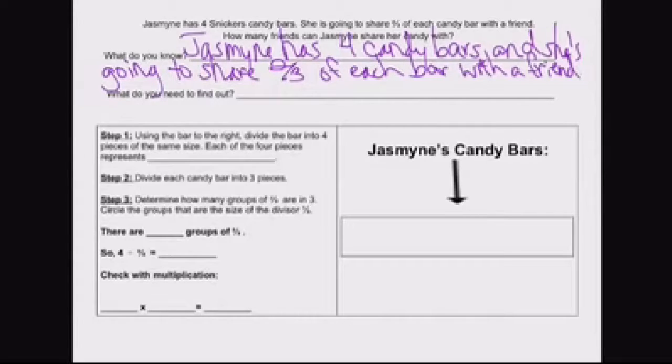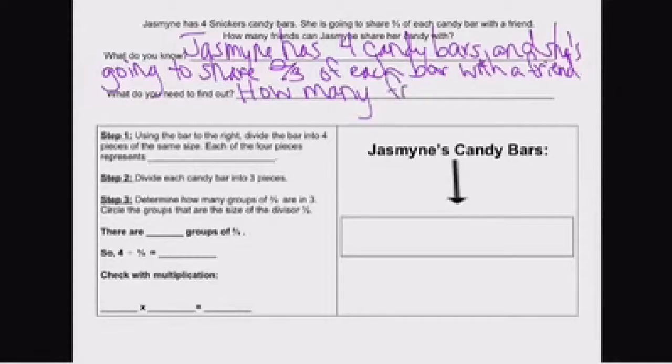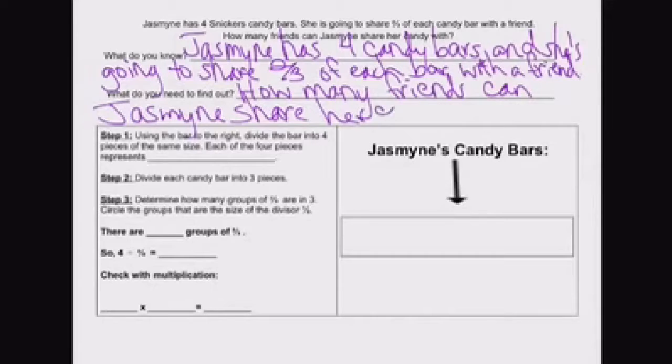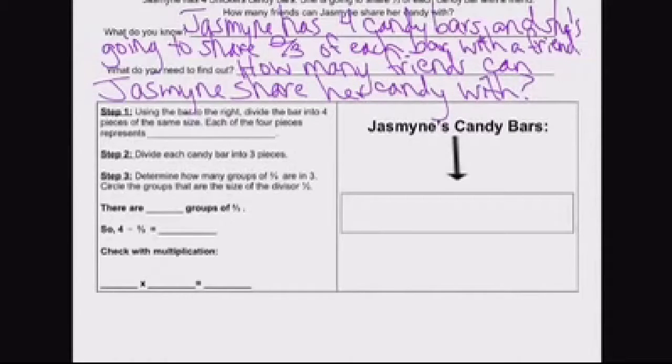How many friends can Jasmine share her candy with? Okay, so we can see our picture here represents Jasmine's 4 candy bars.